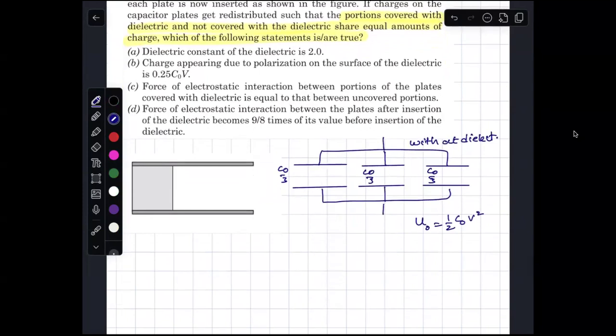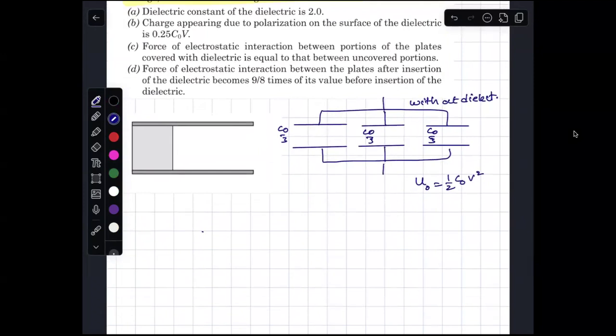And you remove the battery now. As it is, the situation is this. Actually, here the charge is constant. The total charge in the system is C naught V, and this is constant.